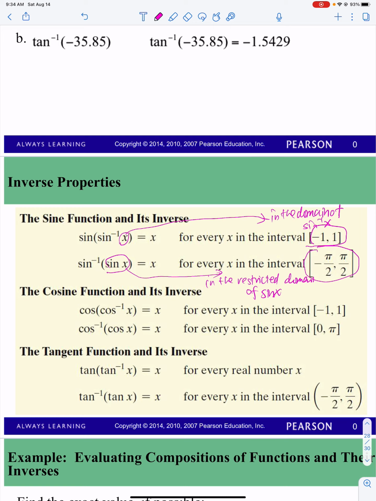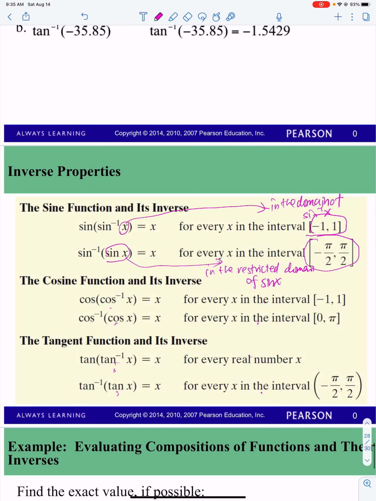Similarly, in the domain of cosine inverse, in the restricted domain of cosine; in the domain of tangent inverse, in the restricted domain of tangent. Are you guys with me? You have to be super careful about what the domain is.